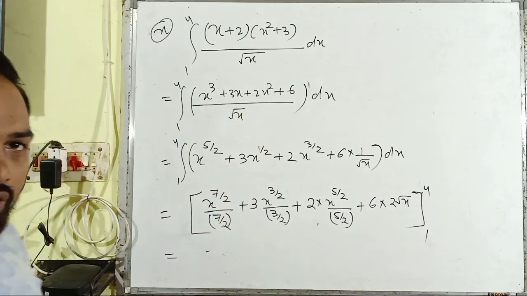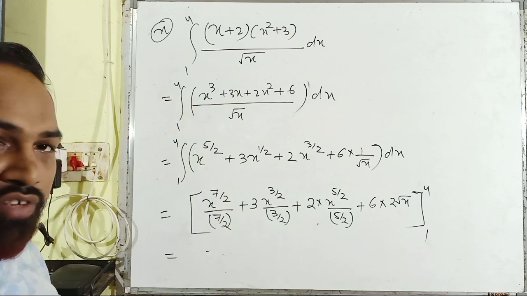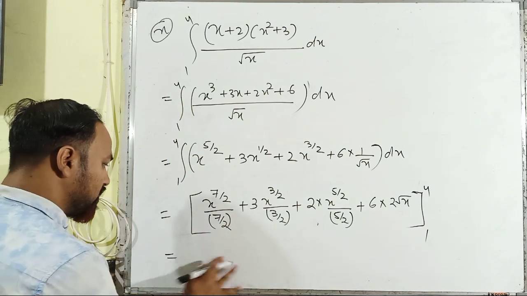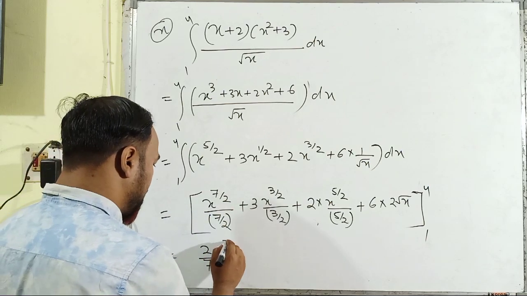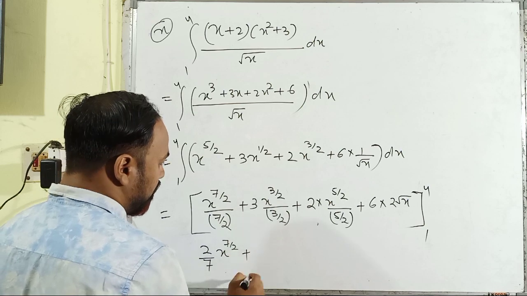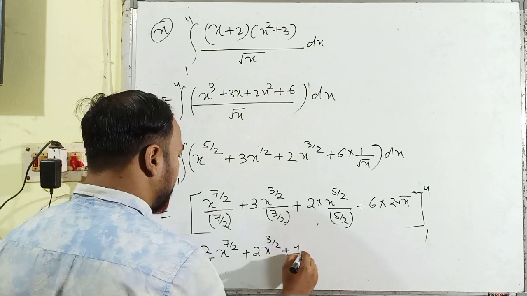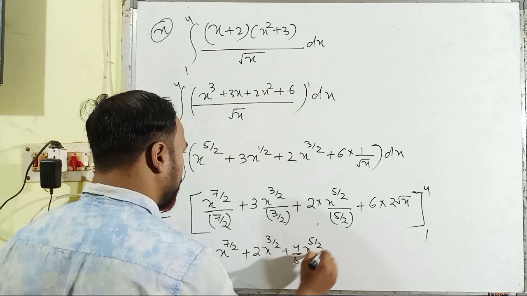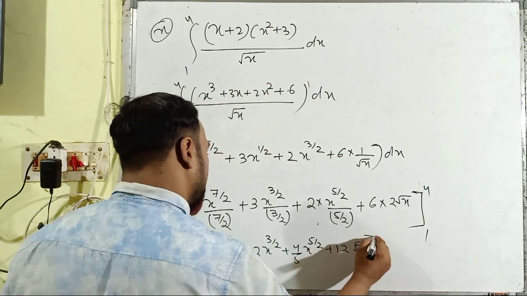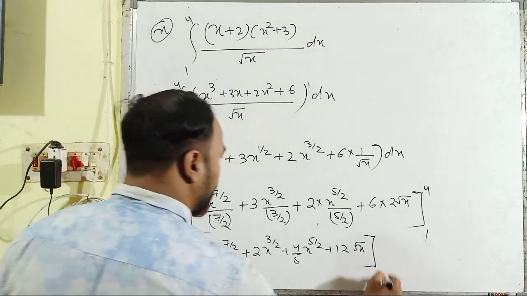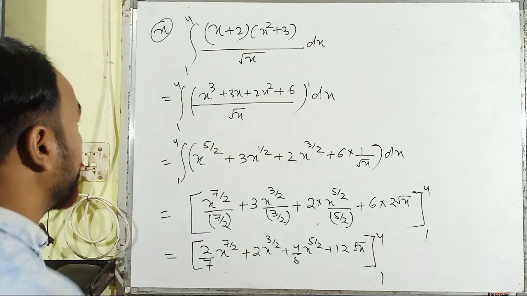Before putting in the limits, we have to simplify these terms. So it is 2 upon 7 multiplied with x to the power 7 by 2, plus 2 multiplied with x to the power 3 by 2, plus 4 by 5 multiplied with x to the power 5 by 2, plus 12 square root of x. In this step we can put the values of the lower and upper limit in place of the variable x.